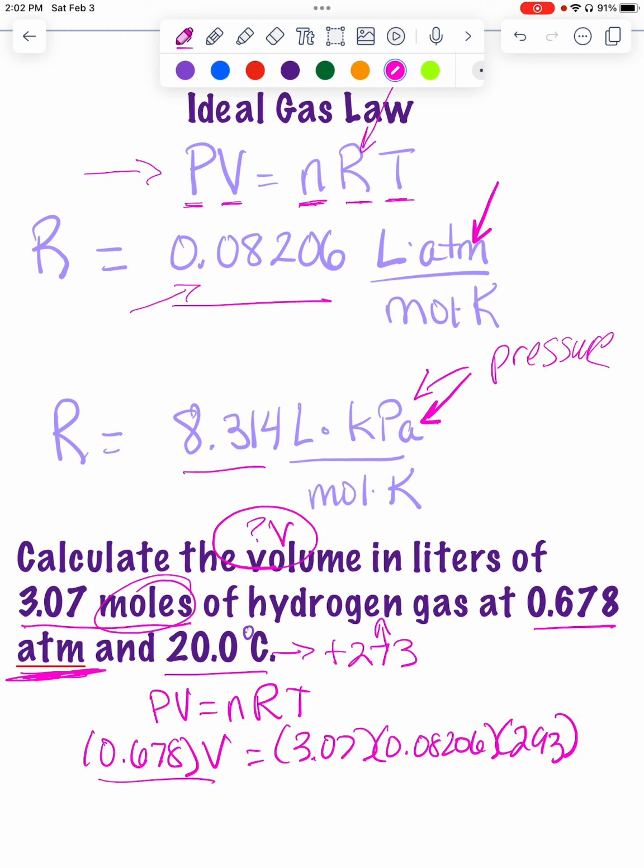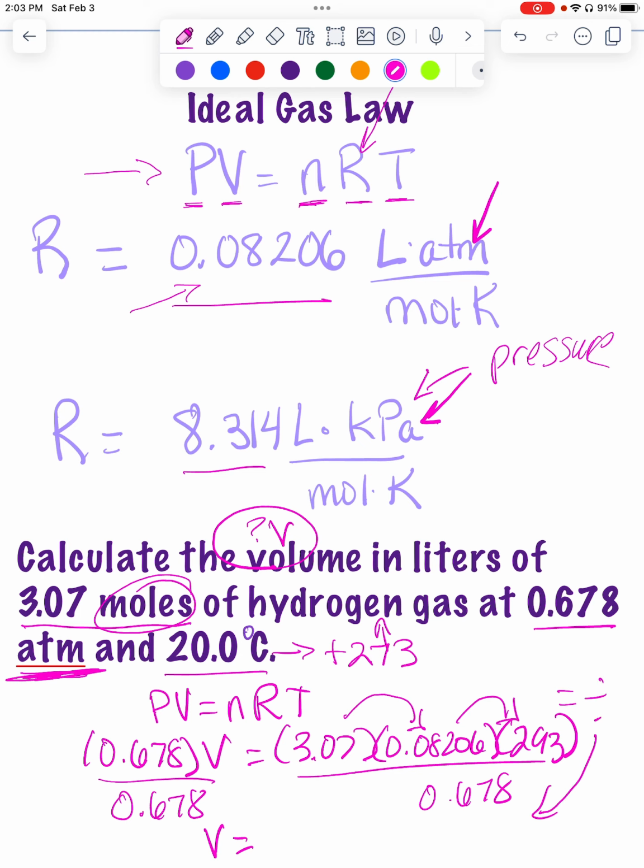Then just divide everything by 0.678. Use your calculator: 3.07 times 0.08206 times 293, divided by 0.678. And you get a volume of 109 liters, with 3 sig figs.